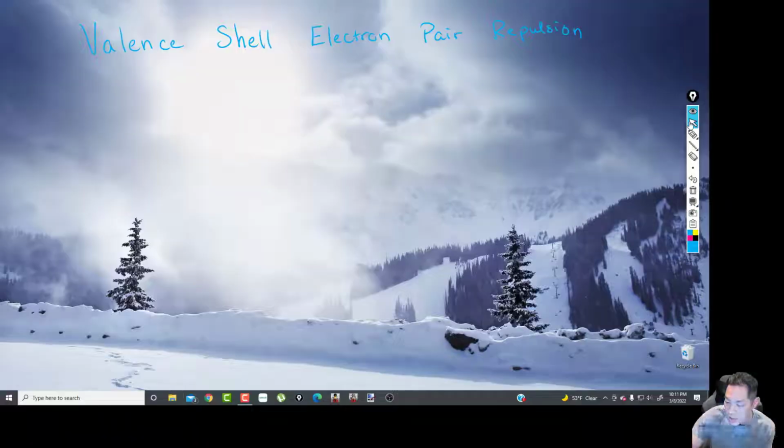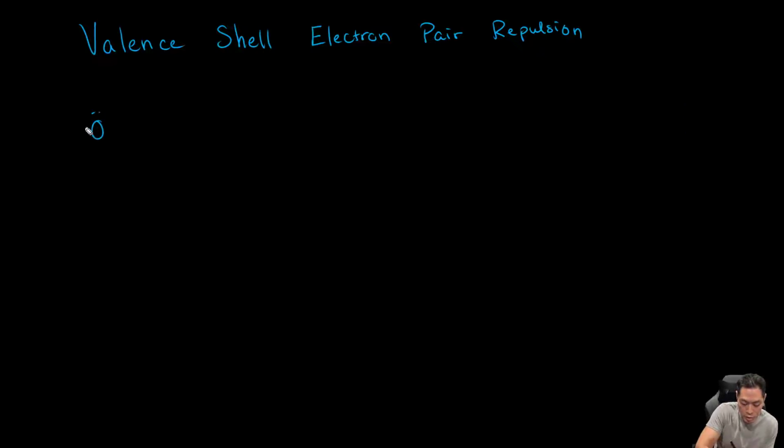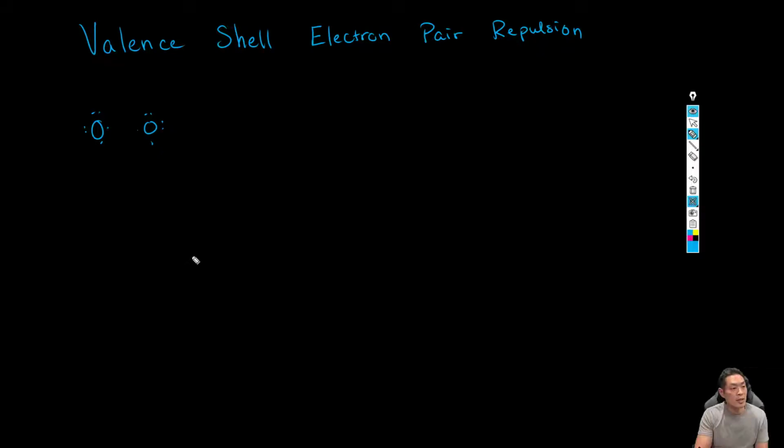If it is just one item, so let's say it was oxygen. It has 1, 2, 3, 4, 5, 6, and then let's say we had another oxygen, 1, 2, 3, 4, 5, 6. Each one has 6 valence electrons.